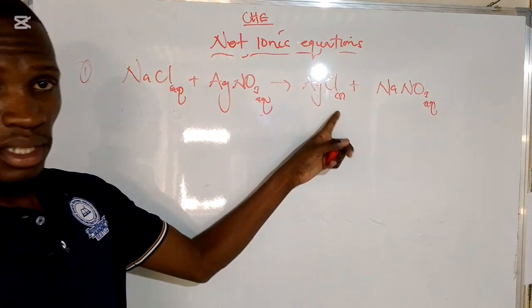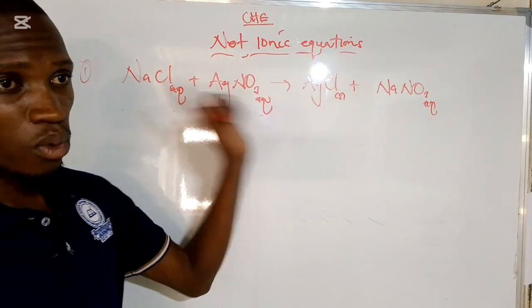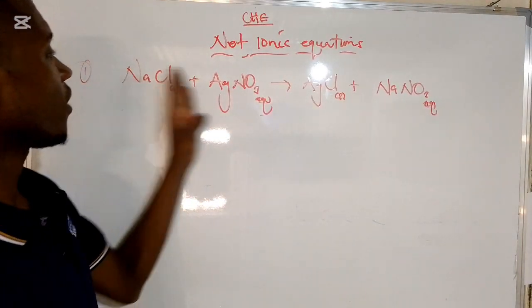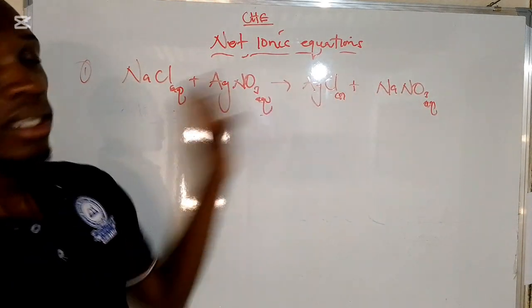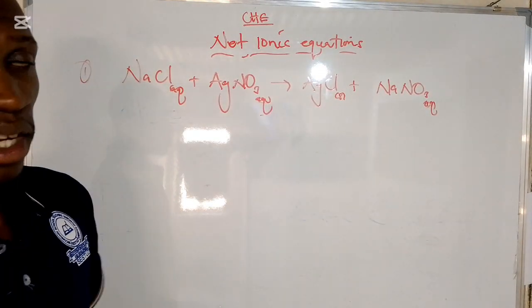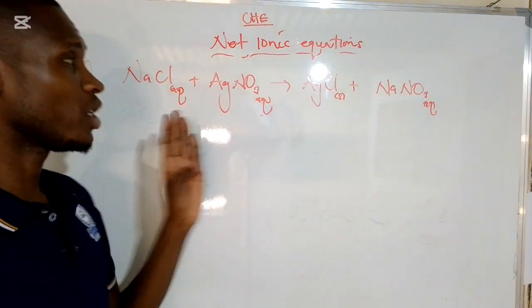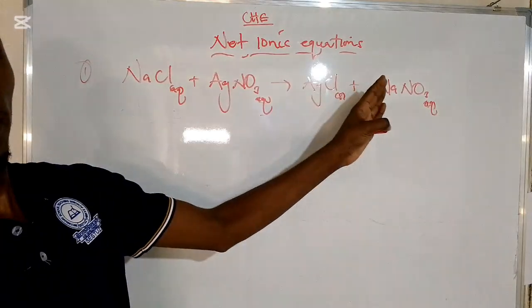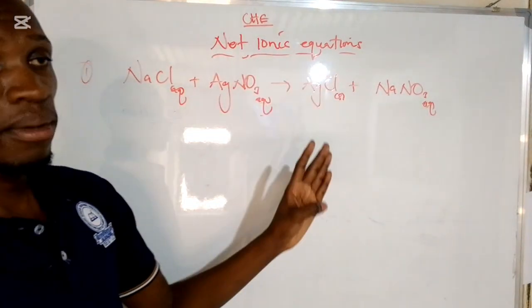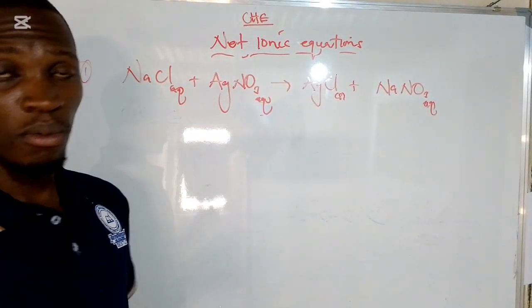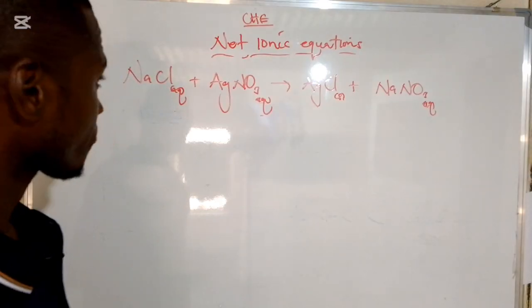The ones in solid, liquid, and gas, we don't split them. After you split them, the last step is to cancel those which are found on both sides. After we cancel them, whatever remains will become our net equation.